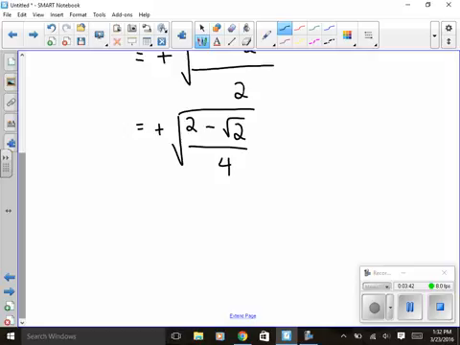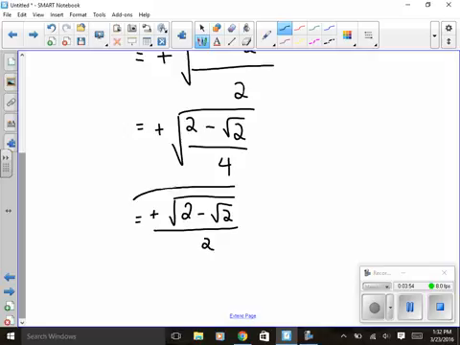Remember that you can't have a denominator with a square root. The square root of 4 does happen to come out, because the square root of 4 is just a regular 2. So this is my final answer, and that's using your half identity. You just kind of have to play around with that to figure out, if you see a 0.5, you know that you're going to be doubling that to get a whole number.